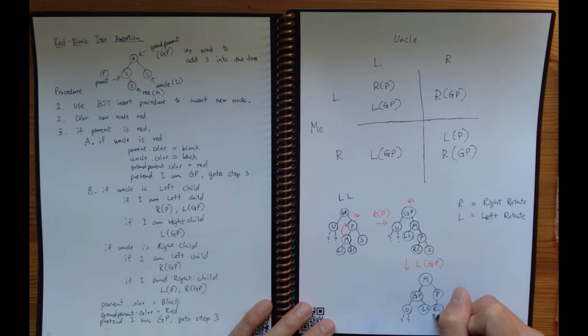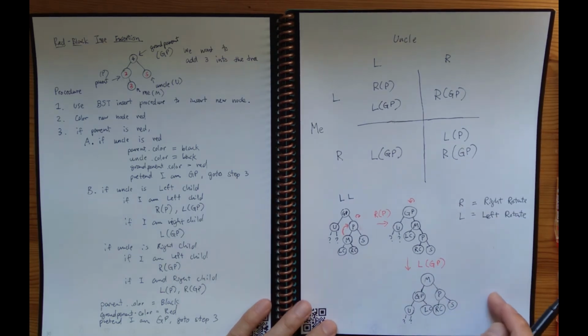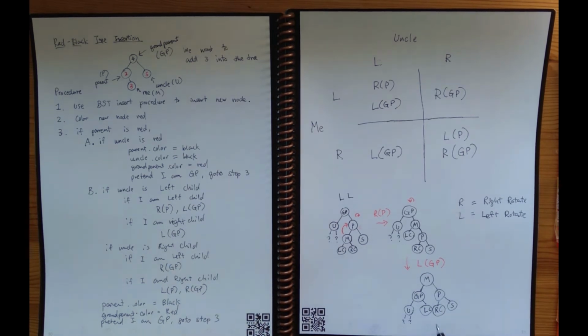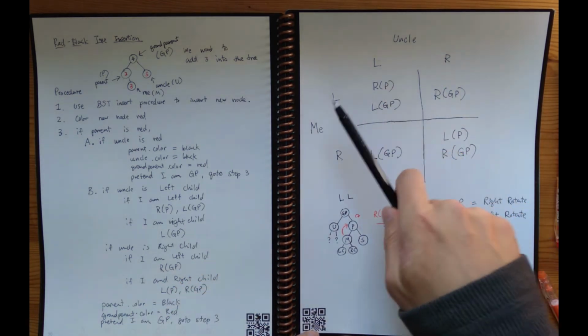My previous right child is now the left child of my previous parent, and my sibling stays with my previous parent. So we end up with this structure, which, as you can see, looks quite a bit more balanced than we started with. That's what happens if we have the LL case.